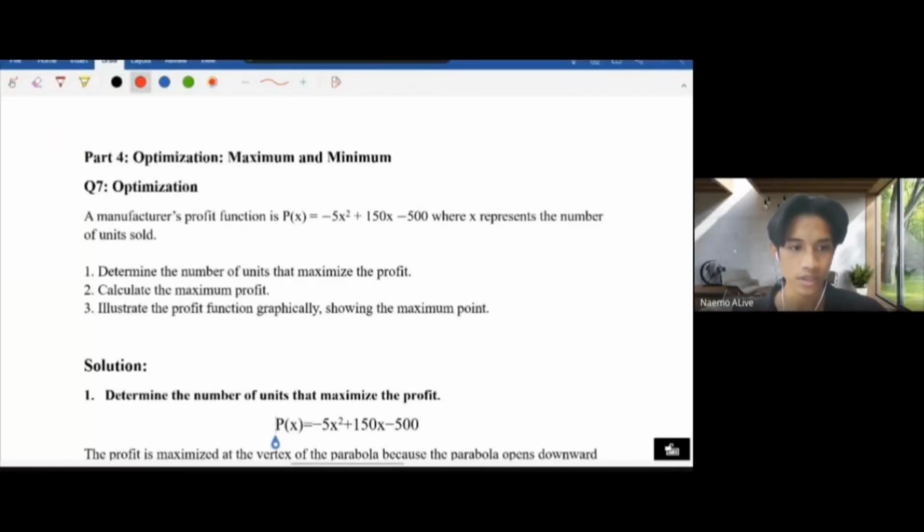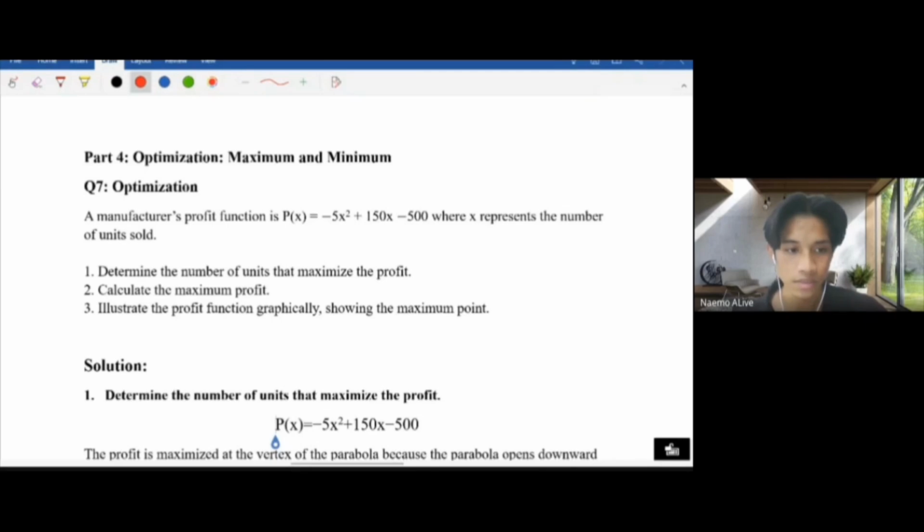Today, I will discuss how to solve an optimization problem in the context of a profit function for a manufacturer. The problem involves determining the number of units that maximize the profit and calculating the maximum profit.